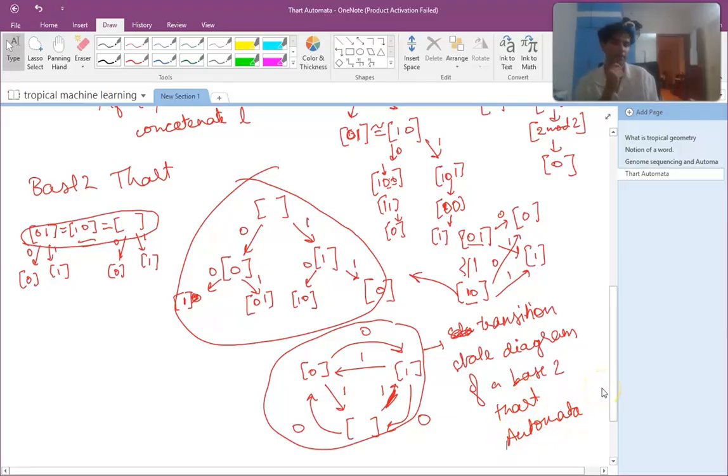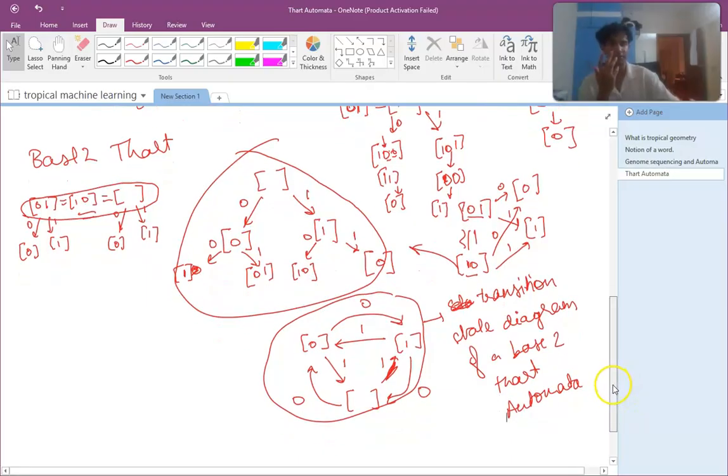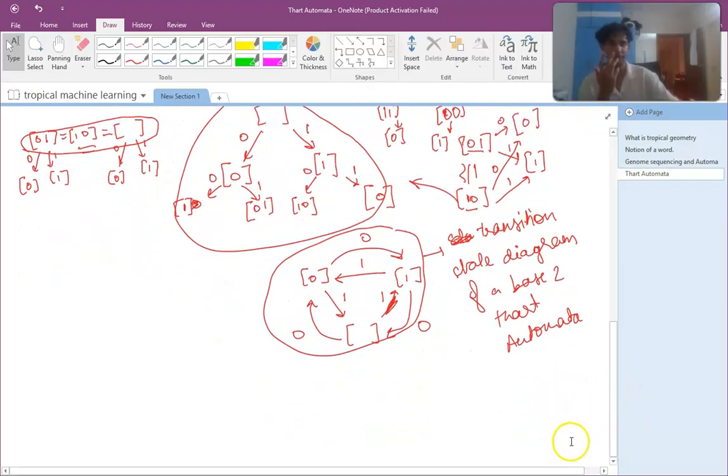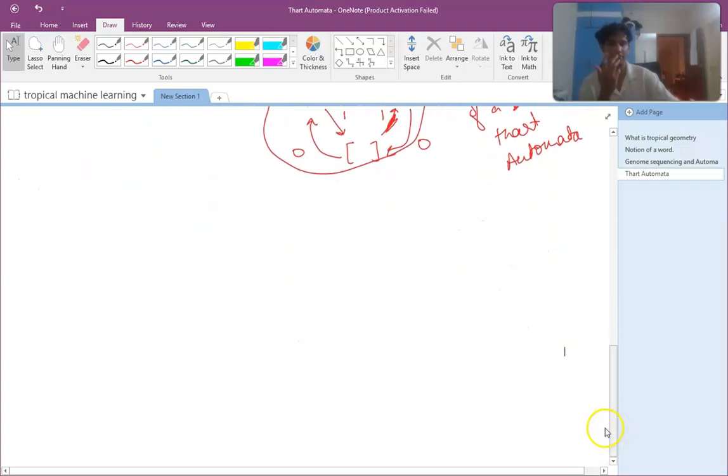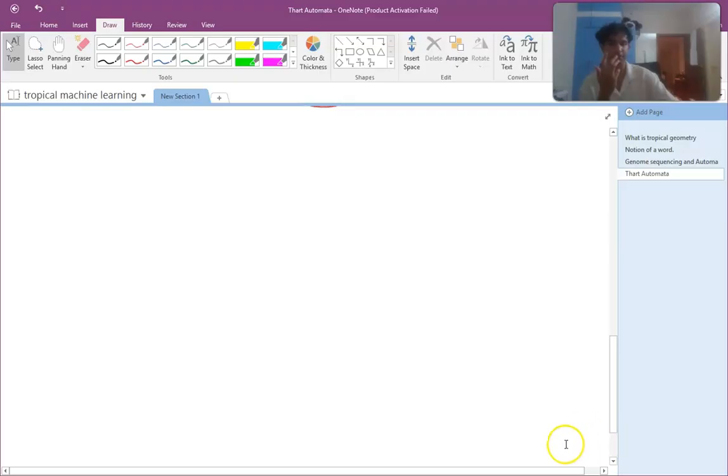Because I'm not going to focus on the application side of this, today's goal is purely to explain what a third automata is. So that is a base 2 third automata. Now I'm going to go ahead and explain a base 3 third automata, which is going to be much more complicated.